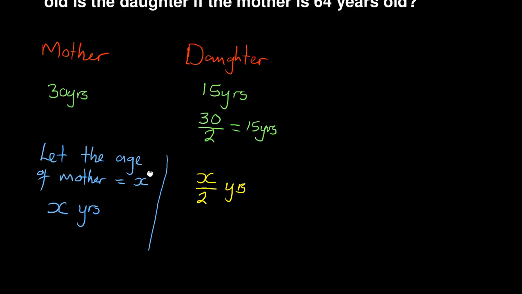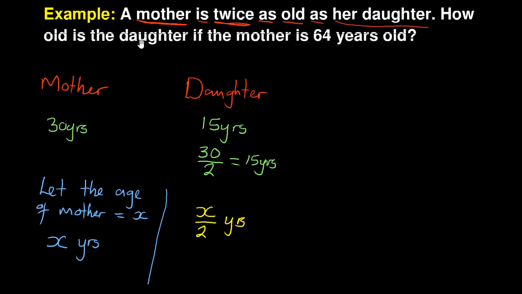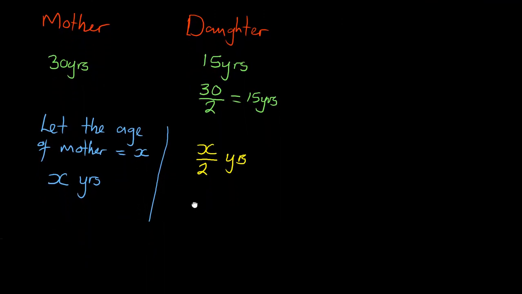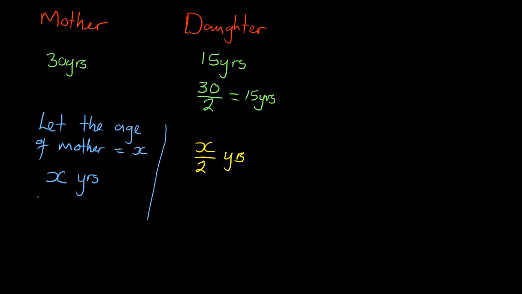Now let us go back to the statement and say what it says. It says a mother is twice as old as a daughter. Now it says, how old is the daughter if the mother is 64 years old? Already you can see that now they are telling us the mother in this case is 64 years old.